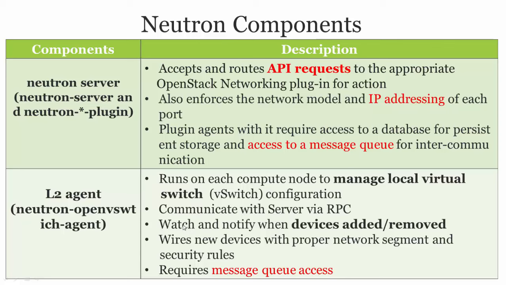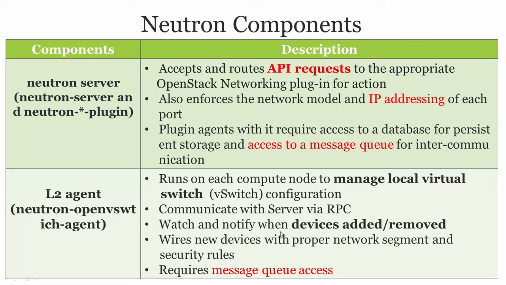If we successfully start or run this L2 agent, normally the L2 agent needs to watch and notify when a device is added or removed. Whenever we create a virtual machine, we need to add its interfaces. Then this interface needs to be connected to the L2 agent, such as OpenvSwitch.